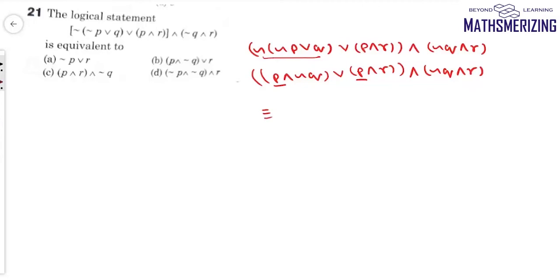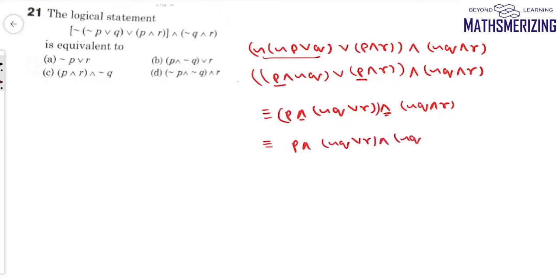So I can write it as P and not Q or R and not Q and R. Now since conjunction is associative, I can write it as P and this is not Q or R and this is not Q and R.